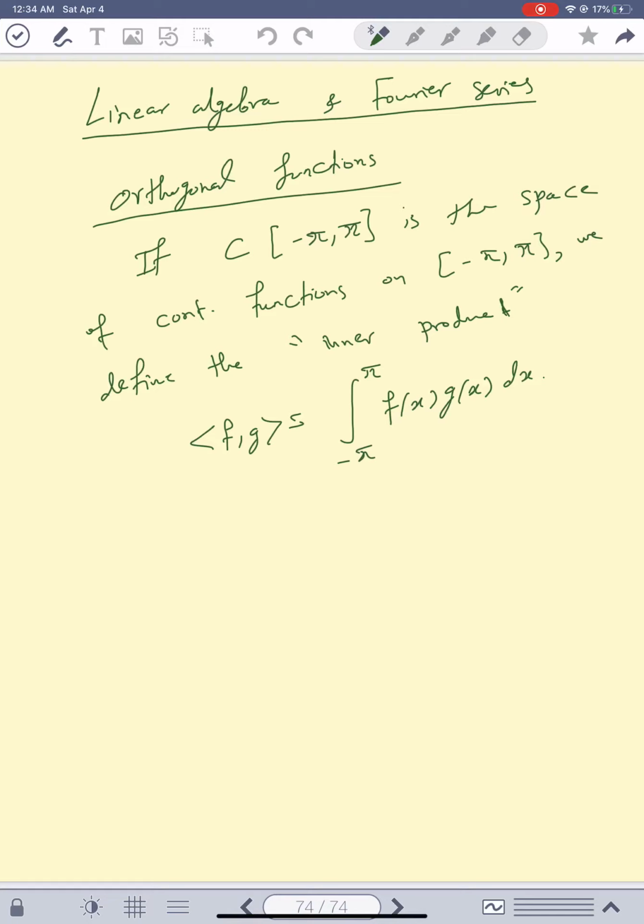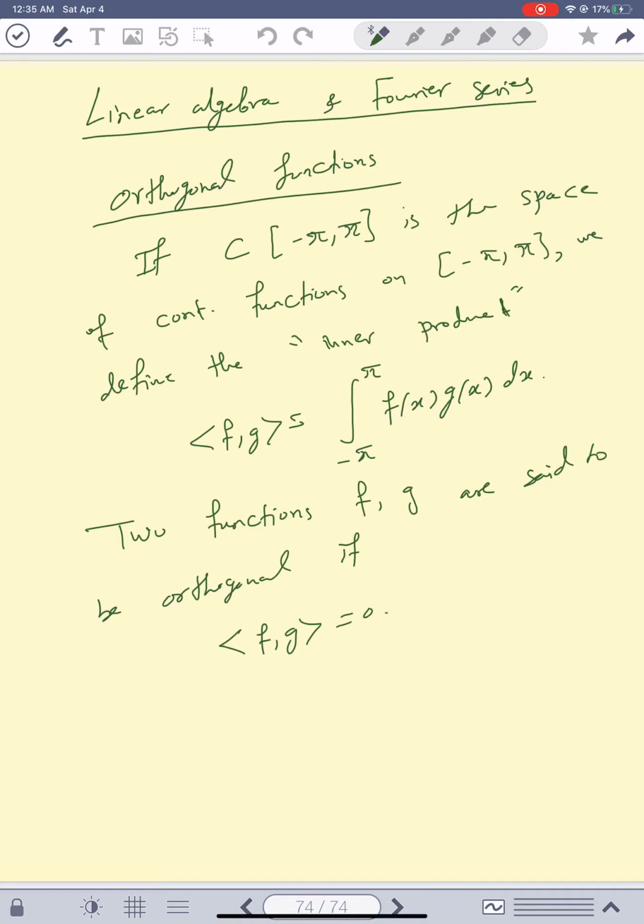Let's remember some notations and terminologies related to this inner product. What do we mean by orthogonal functions? So two functions f and g are said to be orthogonal if the inner product of f and g is equal to 0.